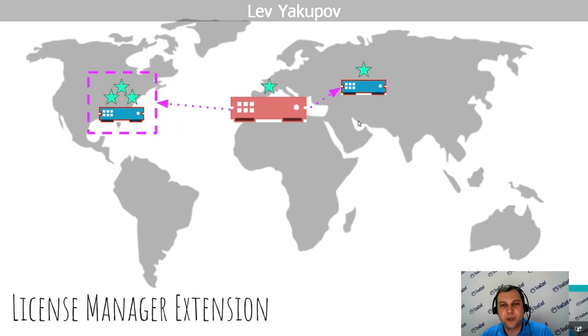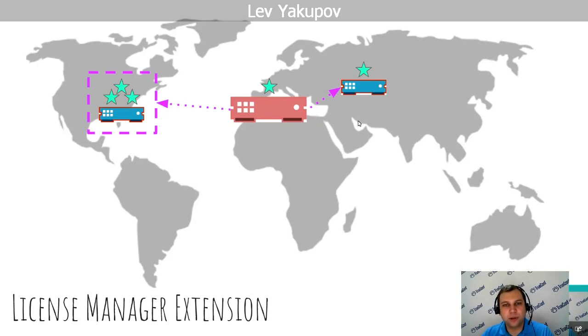We can add as many servers to the regions as we want, and those additional servers won't have any licenses; they come with a bare zero users license. However, those slave servers can rent licenses from the master server depending on their load in real time. So that solves our issue.